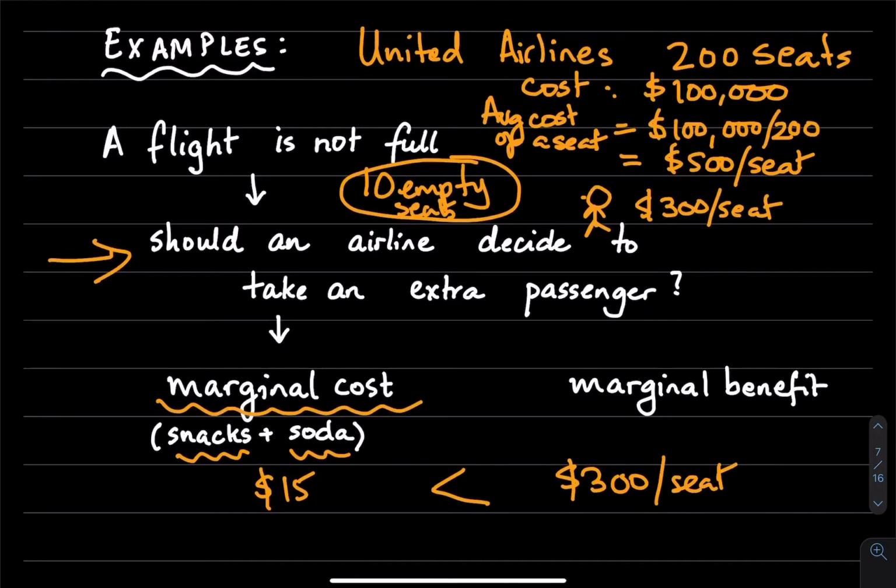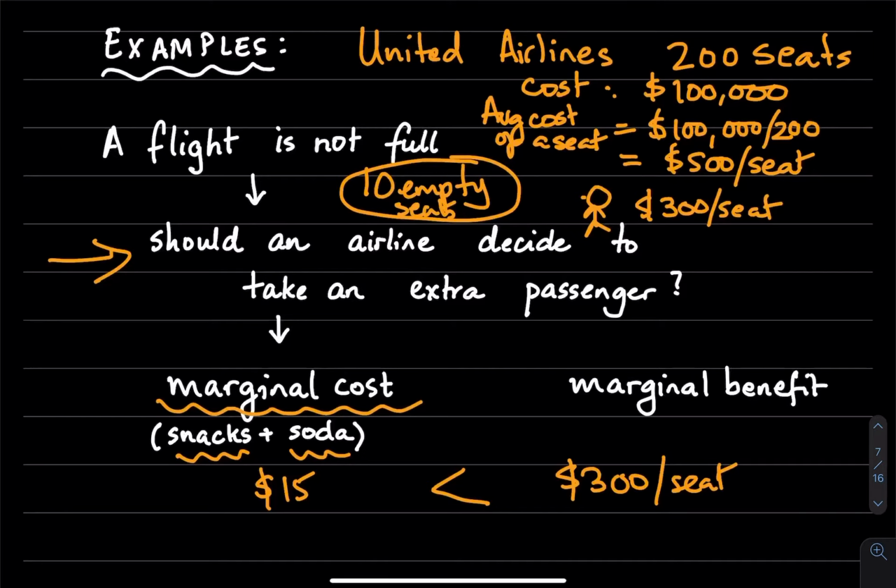Here we've illustrated that even though the average cost of flying per passenger was $500, the marginal cost of merely taking that one passenger is less than the marginal benefit, so selling the ticket is going to be profitable, and the airline should go ahead and do that. That's a rational decision where the airline has thought at the margin.